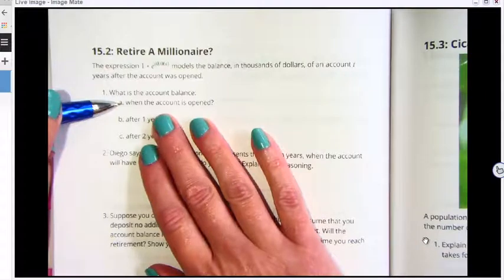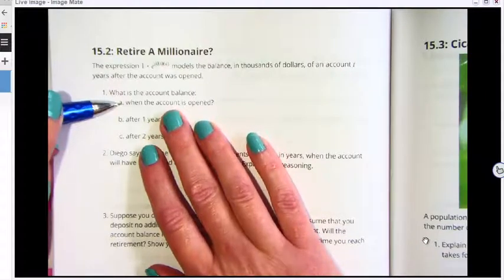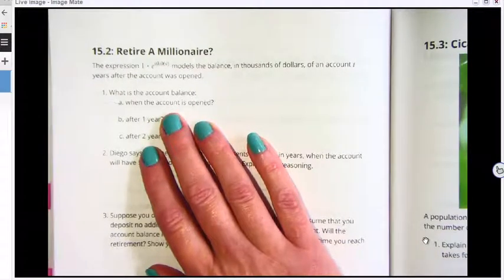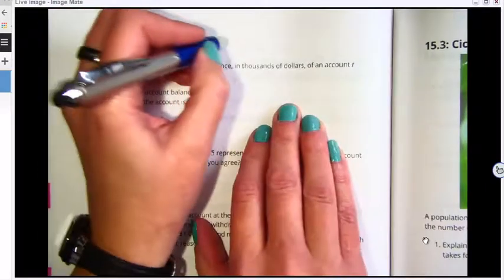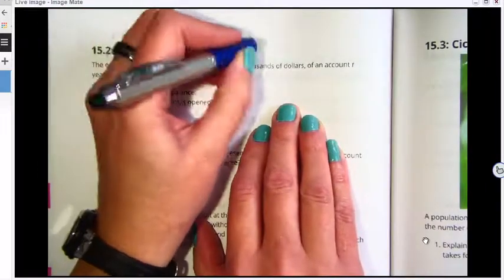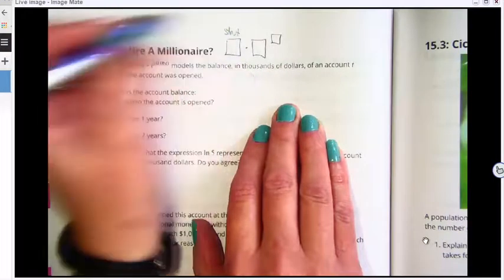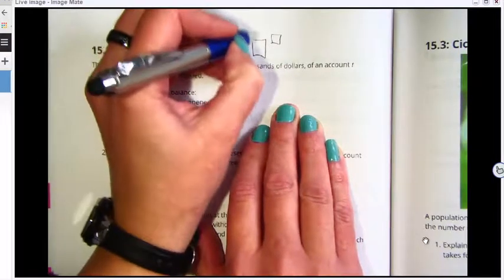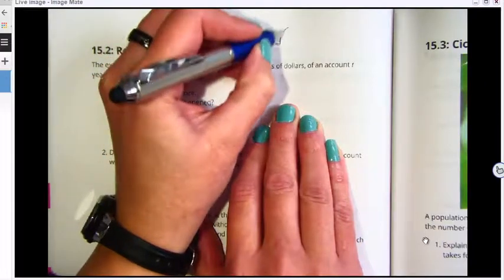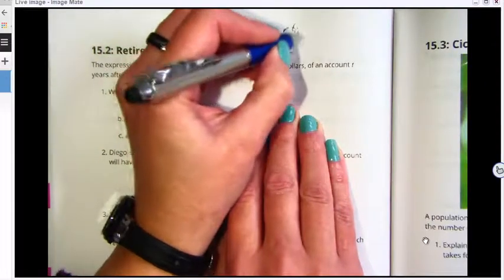What is the account balance when we first opened it? We have started from the very beginning of this unit, still thinking of box times box to the box, right? Always thinking about our starting value, how it's growing, and how much time we have given it to grow.